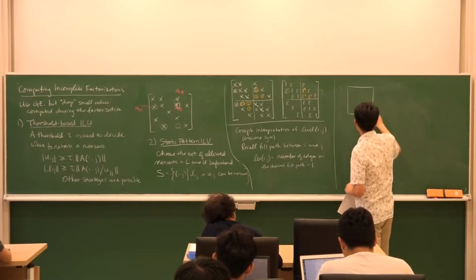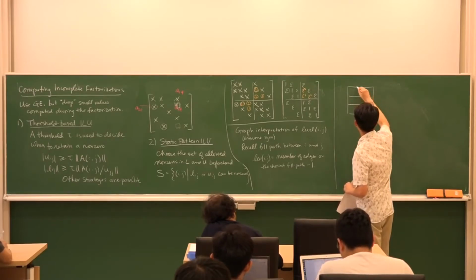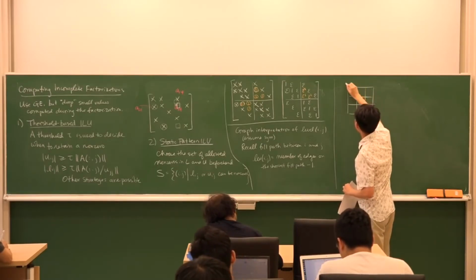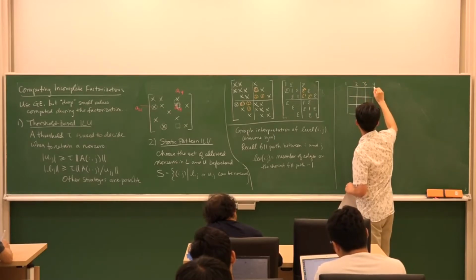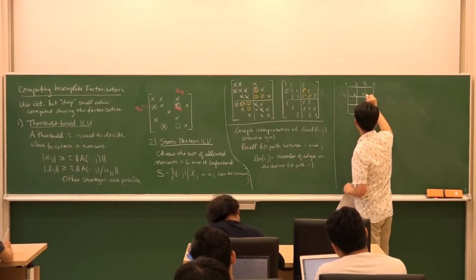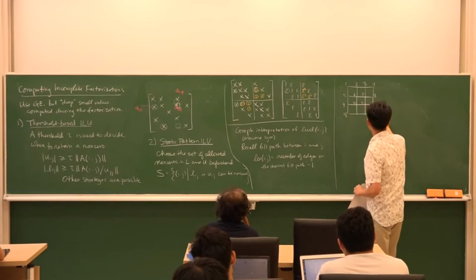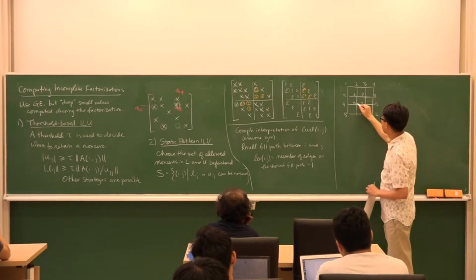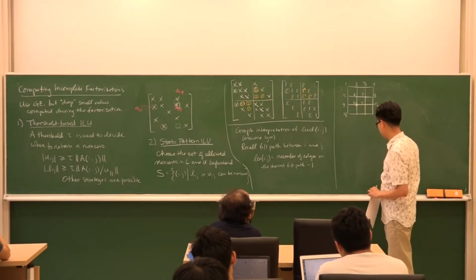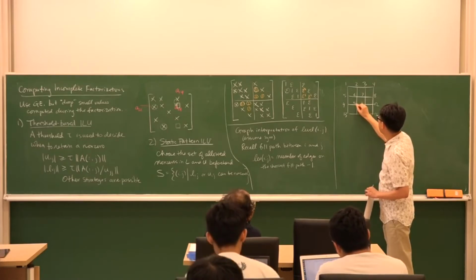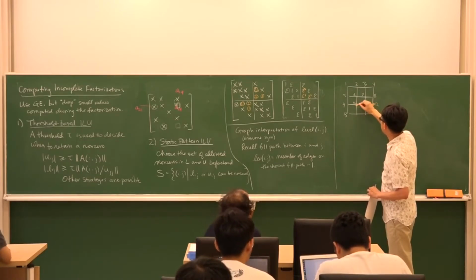Let's do the example that we did last time, which is this 4x4 mesh. Use a natural numbering. So there's a fill path between 10 and 12, and it is this one.